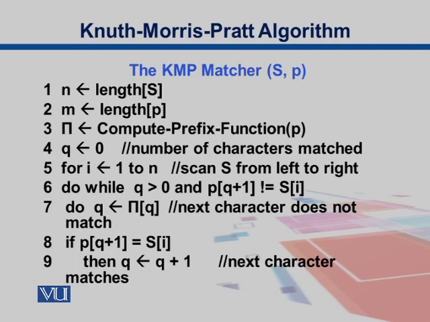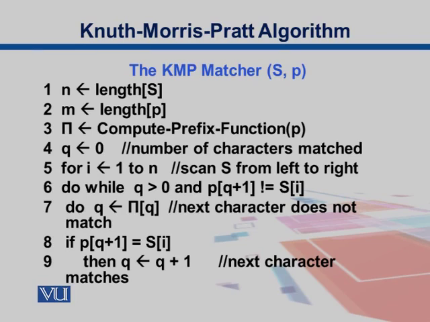Then we incorporate a for loop from 1 through n, which scans through the string, the search space, from left to right. We add a while loop, the same way as we did in the prefix function, and we check if q is greater than 0 and at the same time we found a mismatch. In that case, in q we will put the prefix value which we computed earlier.